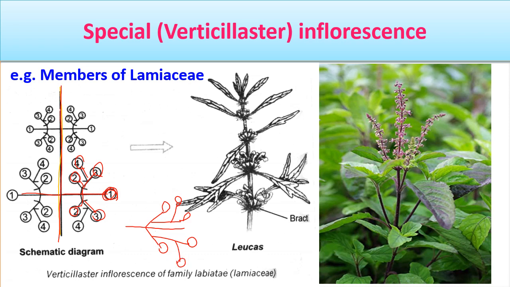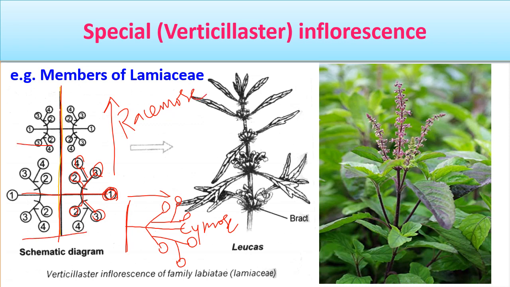So due to this, if you look this way, this is showing a structure of cymose, and if you watch this direction, it is showing the structure of racemose. Older flower at the base, younger flower at the apex.